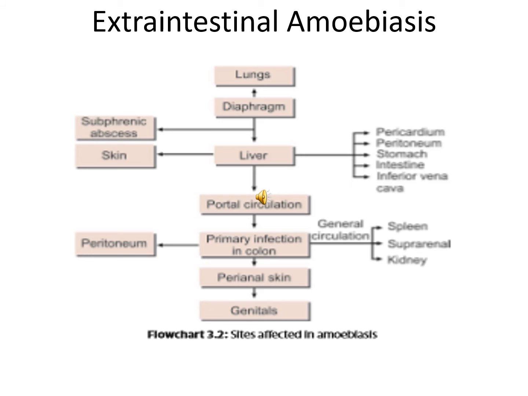Amoebic infestation or amoebiasis other than in the intestine is extraintestinal amoebiasis. The trophozoites present in the intestine penetrate the intestinal wall and columnar epithelial cell, penetrate the diaphragm and reach the lungs, then the liver and the skin.